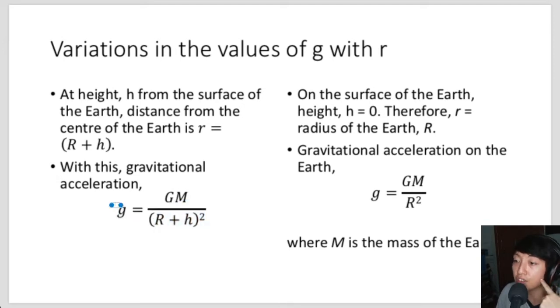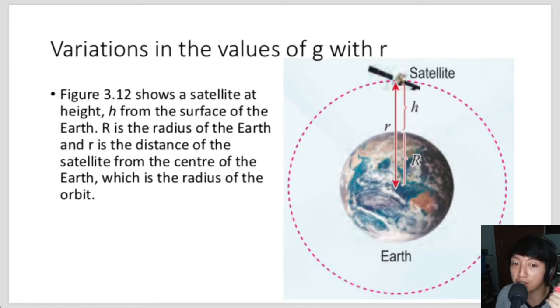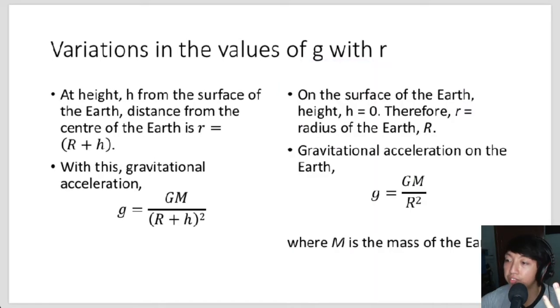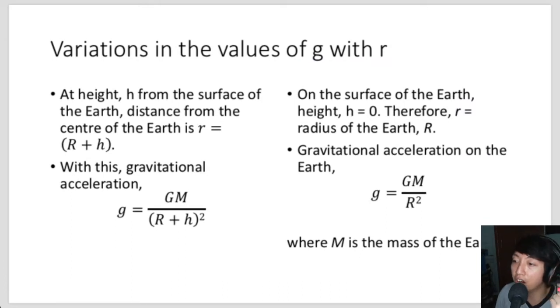Now, on the surface of the Earth, so if someone was standing on the Earth, then your height would be basically 0 because there's no height between you and the Earth. So therefore, r is equal to the radius of the Earth because h is 0.